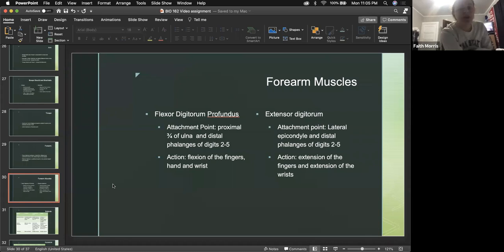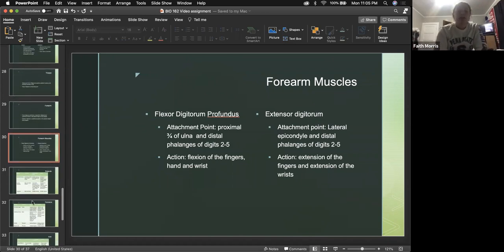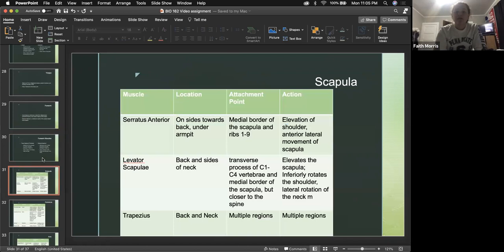So you can kind of figure out how everything goes by looking at its attachment points, what it crosses, and all that. And that's how you figure out which action that muscle will be able to perform. And then also to help you study them, you can make charts like these, and then do the scapula just to help organize your information.